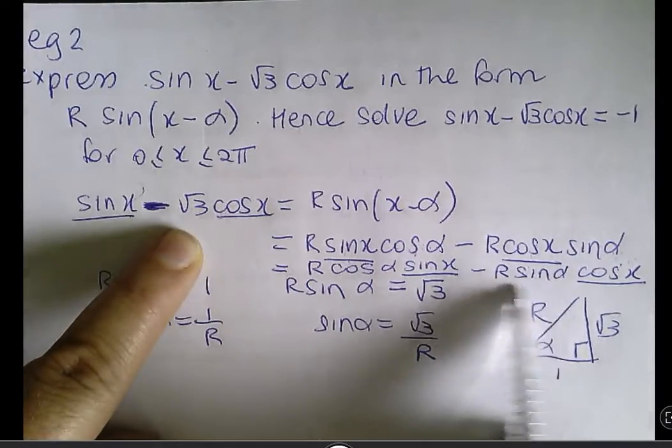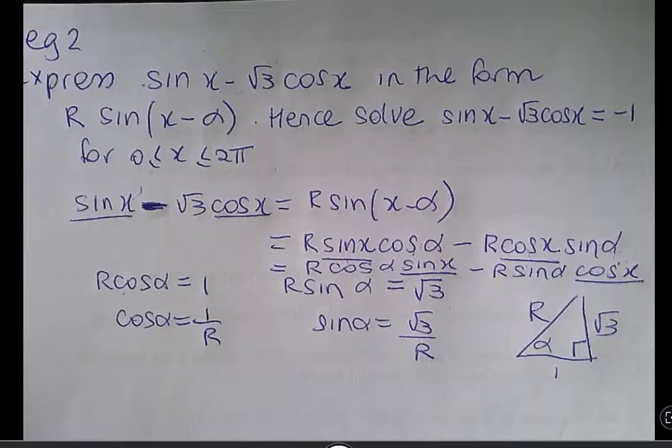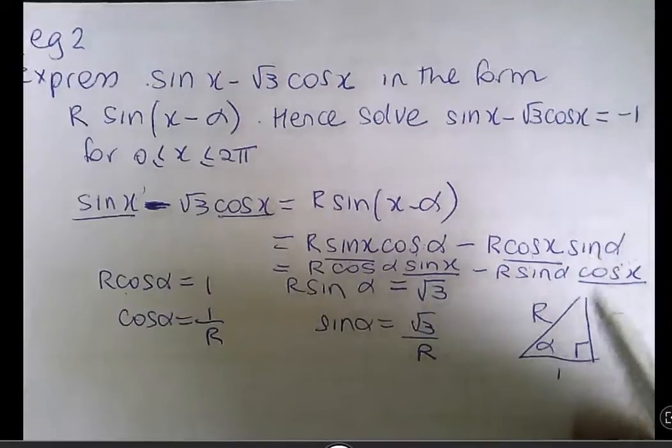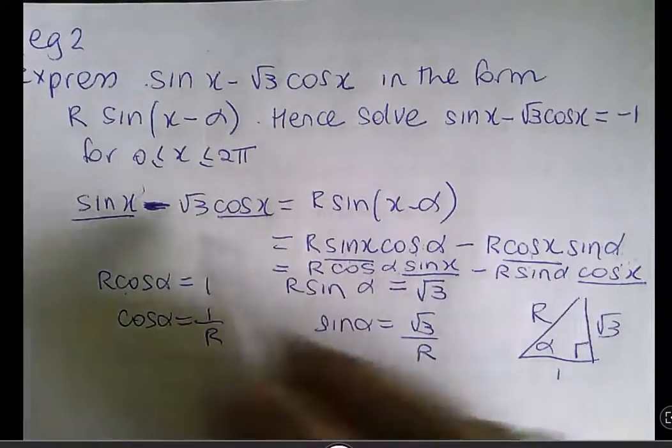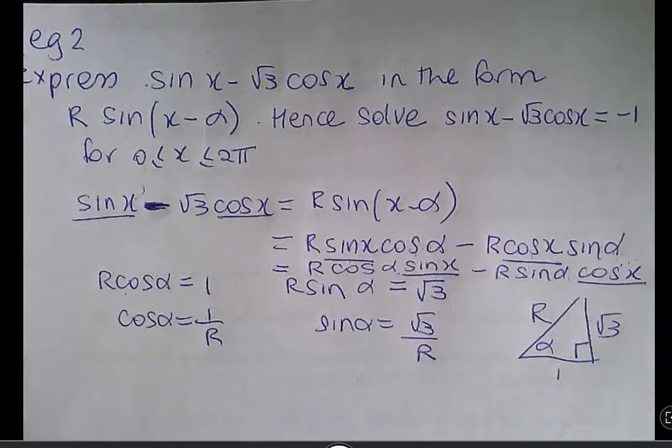What do I have in front of cos x? R sine alpha. The minuses are the same, so the r is not negative. Do you see that minus minus? You're just saying if this side equals that, r cos alpha has to be 1 and r sine alpha has to be root 3. Yeah, you compare the left and the right hand side.